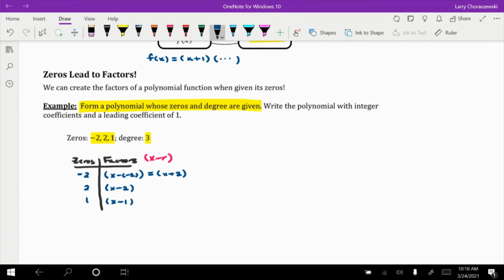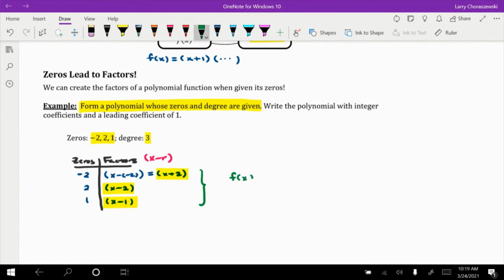Okay, so if these are the zeros, then the factors of our polynomial function would be x plus 2, x minus 2, and x minus 1. And here's what we're going to do with those three factors.